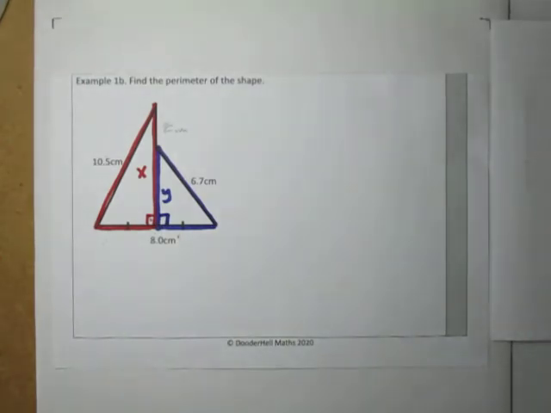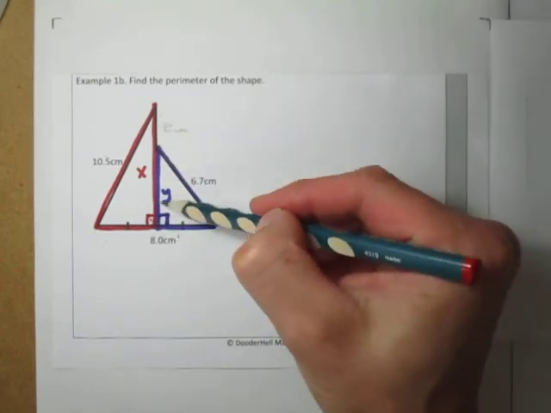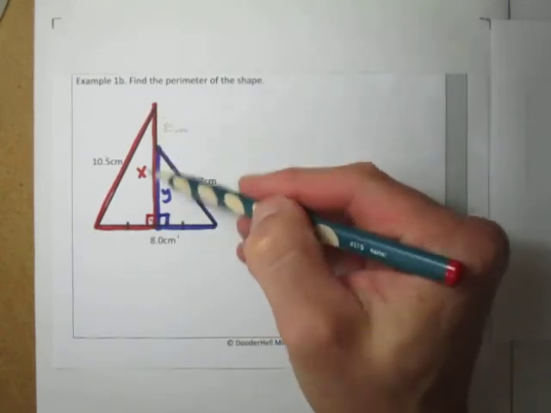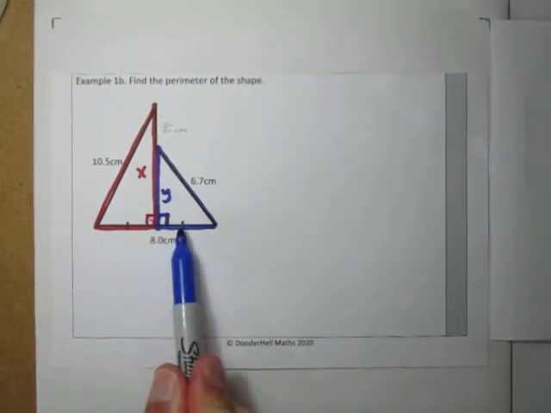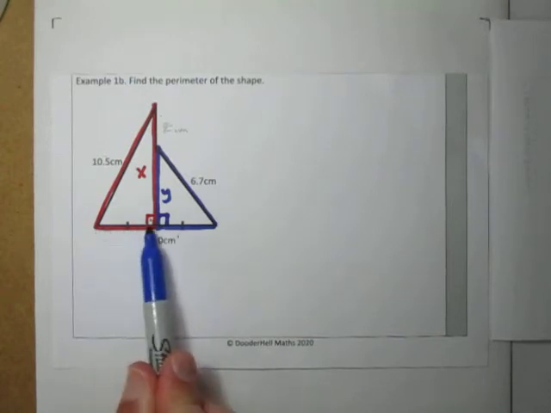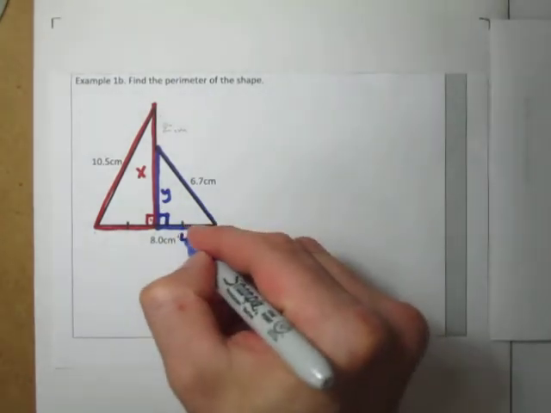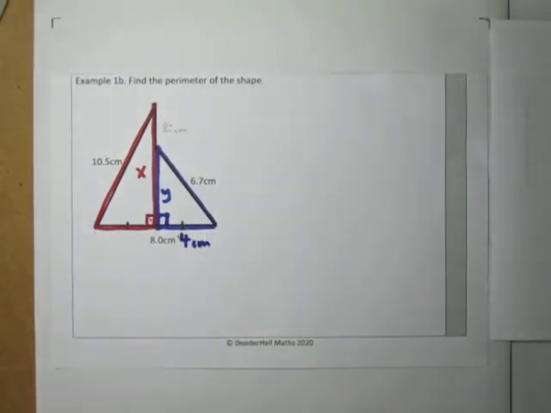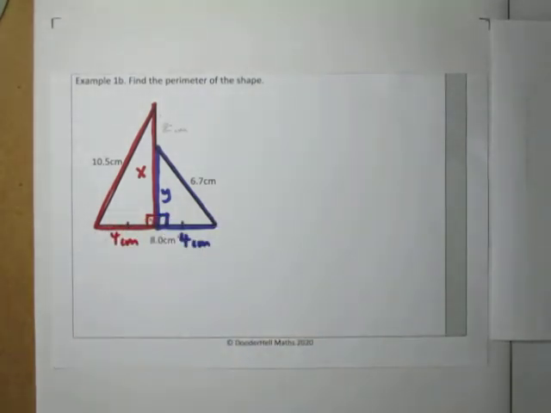We know that if we find length x and we can find length y, then if we take y away from x, we will end up there with z. Now we are missing just a bit of information, but again, what's useful is that we've been told that these marks here mean that this side length is the same as this side length here. Therefore, if the whole thing is 8, this must be 4 centimeters. And this one must also be 4 centimeters.